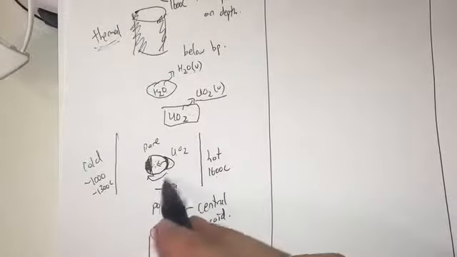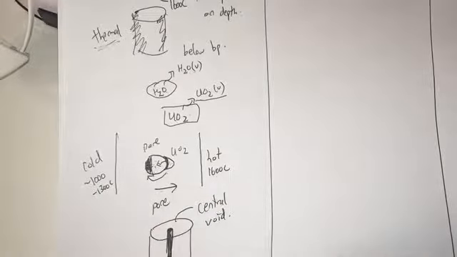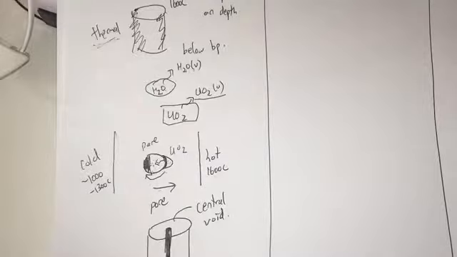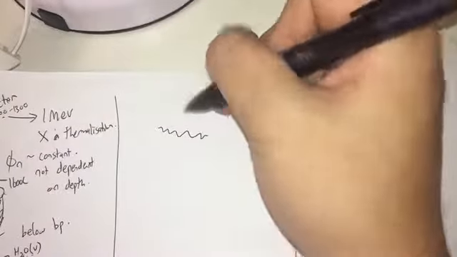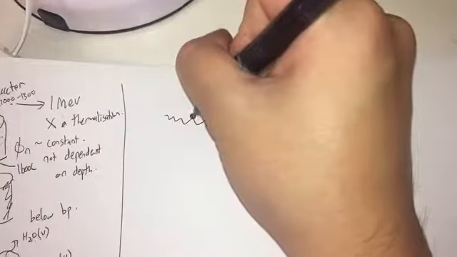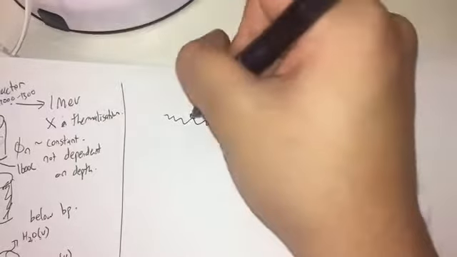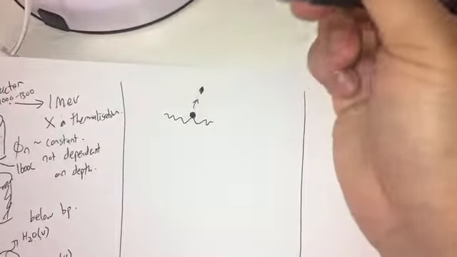Because there are only a certain number of pores in the material, and if all of them migrate to the central void, will there be any pores left? Oh yes, there are. Why? Because when there are cracks in the fuel, this same process can happen, and the pore can start to grow from the crack. When the pore grows from the crack, it can butt out and start traveling towards the center.